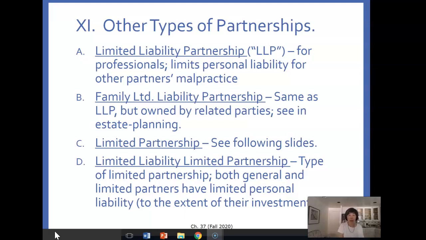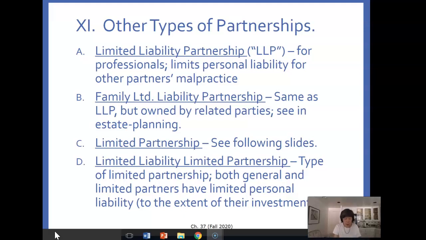Here first are 4 different types of partnerships. I want you to note that with these variations, you'll see some increased protections allowed for the partners from personal liability.